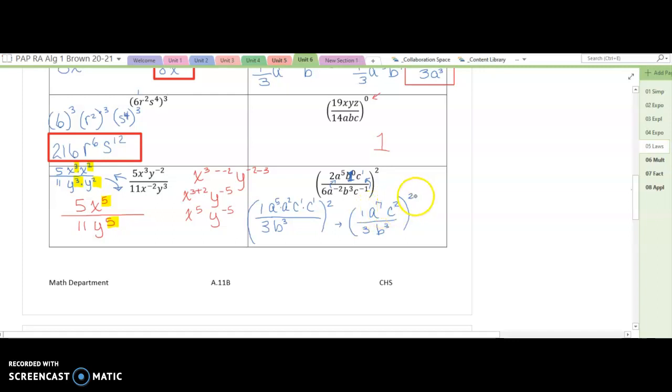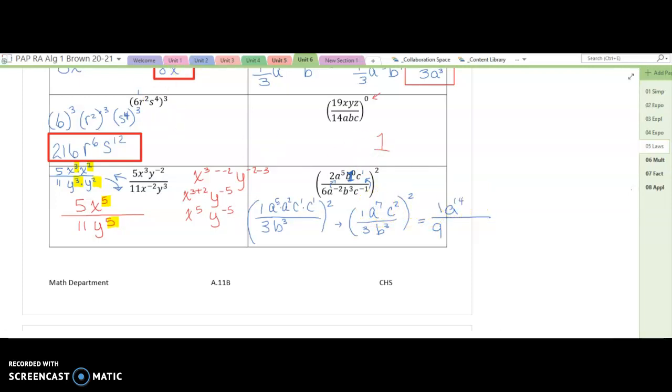All right, now remember, this applies to everything inside the parentheses. Okay, 1 squared is just 1, right? All right, 3 squared is 9. And now I have to take care of my exponents. A to the 7th raised to the 2nd power, so 7 times 2 is 14.